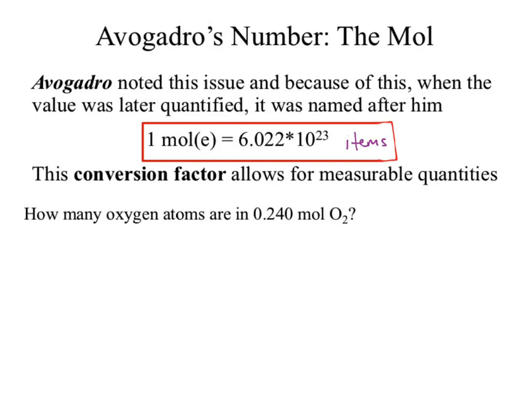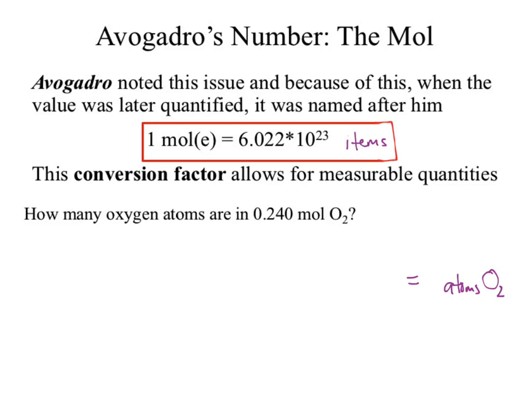No. Okay. How many oxygen atoms are in 0.240 moles of O2? How would you set it up? Okay. So I heard O2 on the right and then heard atoms. I'll accept that. You kind of gave that reverse order, but that works. Substance and then unit. Does everybody agree that that's what you're solving for?